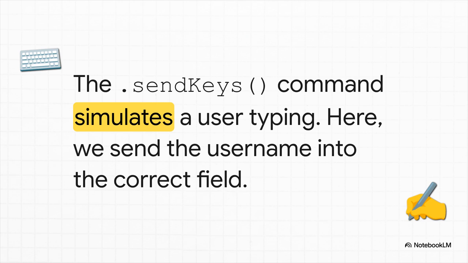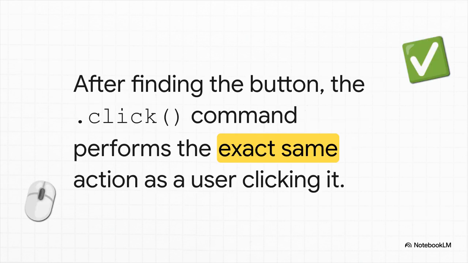The .sendKeys command simulates a user typing on a keyboard. So right here, we locate the element with the ID username, and then we send the text standard_user directly into it. And for buttons, it's just as simple. We use a locator to find the login button, and then we just chain the .click command right on the end. This performs the exact same action as a user moving their mouse over the button and clicking.